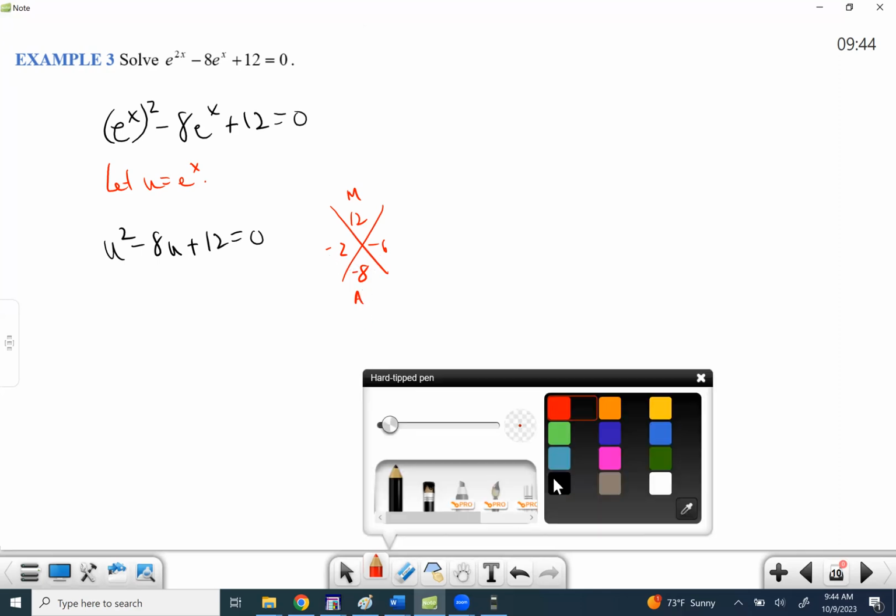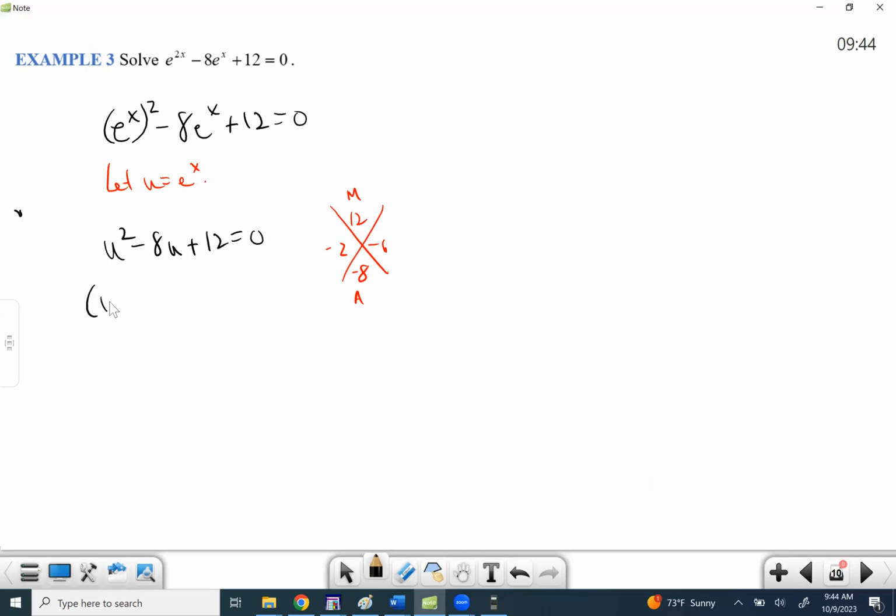So we're ready to rewrite this as u minus 2 and u minus 6. So we're going to set each piece equal to 0. So we'll move the 2 over, making it a +2. And we'll move the 6 over, making it a +6.